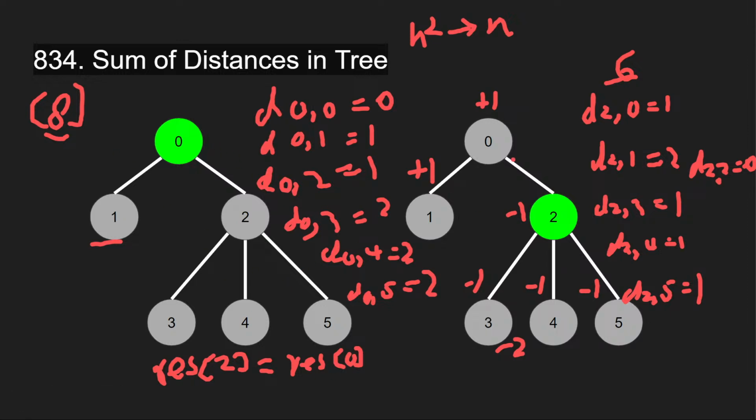So we're going to start from this 0, but we're going to check how many plus and how many minus. There are 2 plus and 4 minus, but how can we get that? So we are going to calculate the size of the subtree of each node. For example, the size of the tree 0, starting from 0, is going to be 6, because starting from 0, it's going to be 6 nodes.